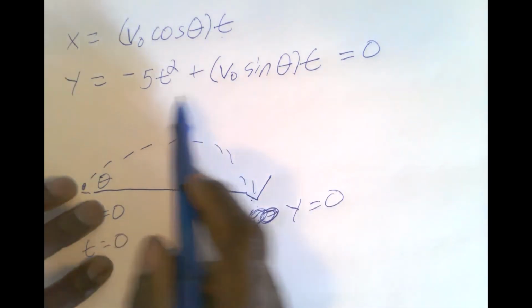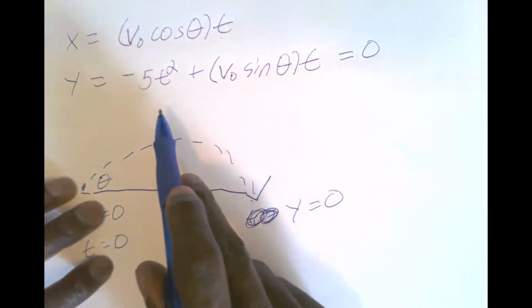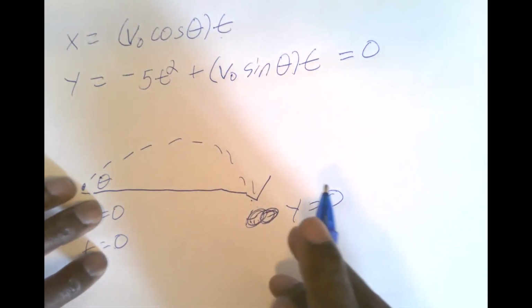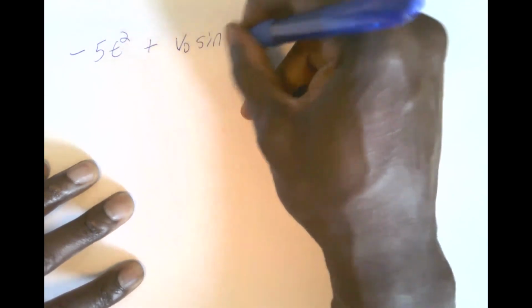So this is the equation we're trying to solve. We're trying to solve for t here. Let me rewrite this on a separate sheet and simply solve it. So our equation is negative 5t squared plus v naught sine theta t equals 0.